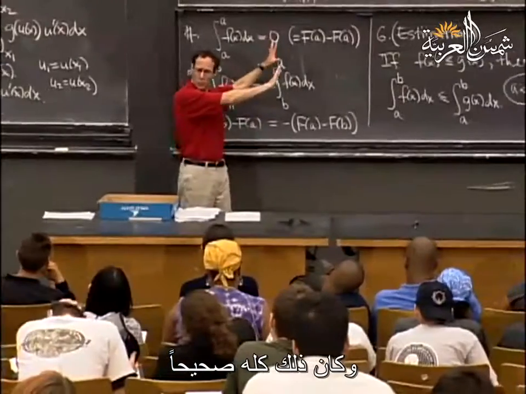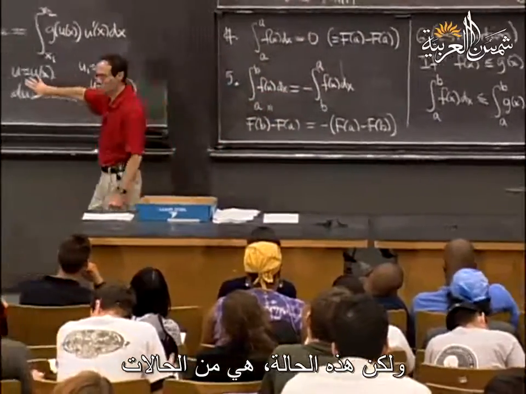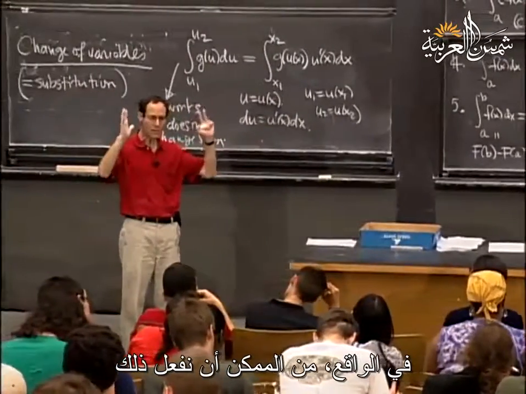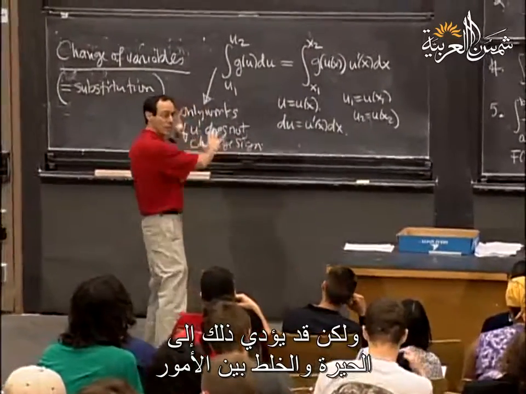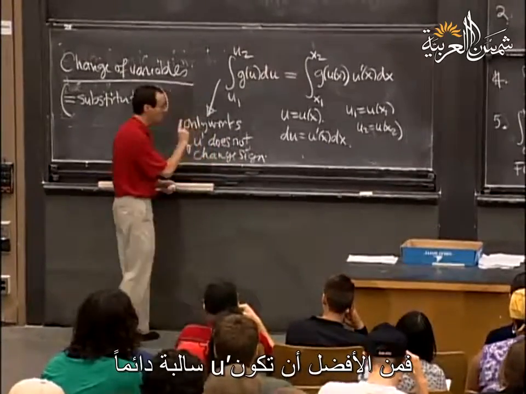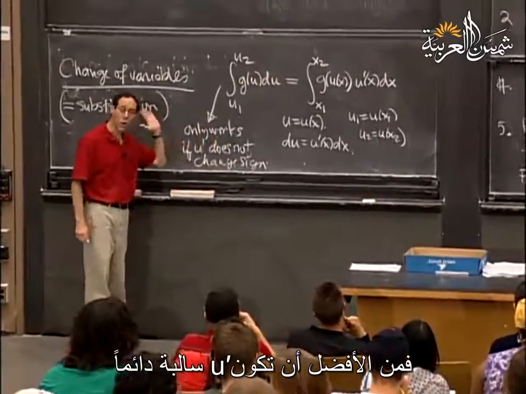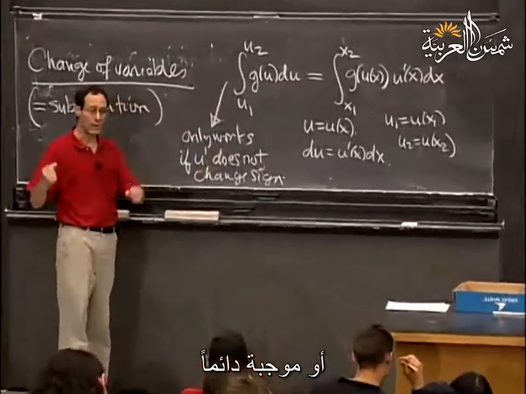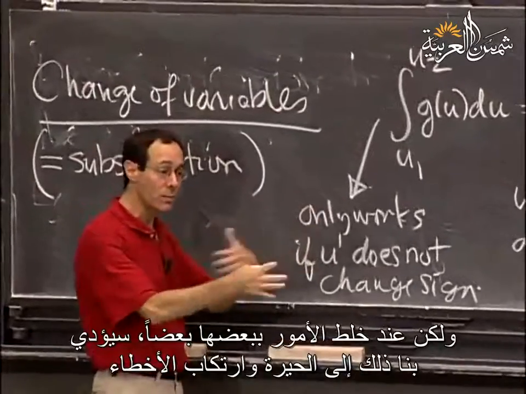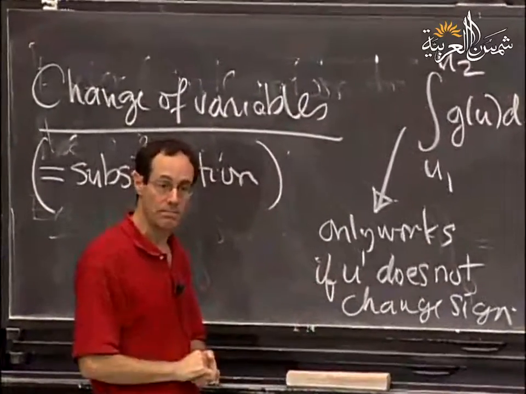So we're sort of free to do it. Well, this is one case where you want to avoid it. Just don't do it. It is possible, actually, to make sense out of it, but it's also possible to get yourself infinitely confused. So just make sure that it's okay if u prime is always negative. You're always going one way. It's okay if u prime is always positive. You're always going the other way. But if you mix them up, you'll get yourself mixed up.